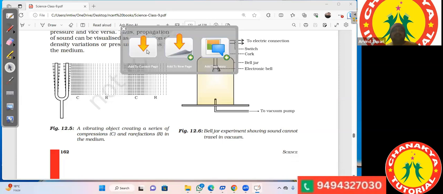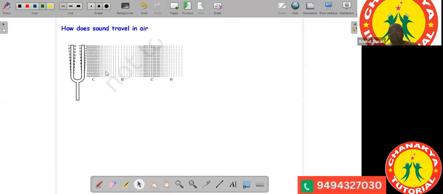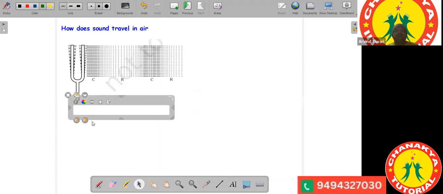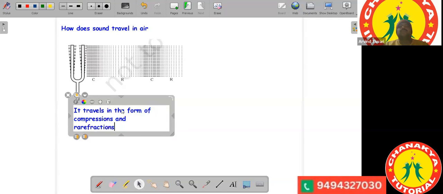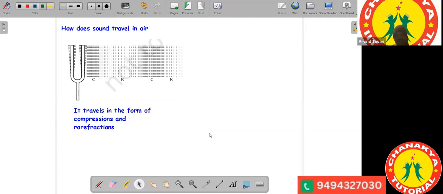The answer to this question will be the diagram, along with the statement that the sound wave travels in the form of compressions and rarefactions.